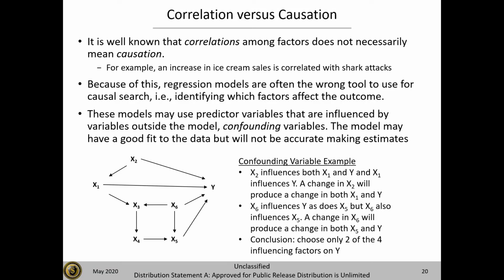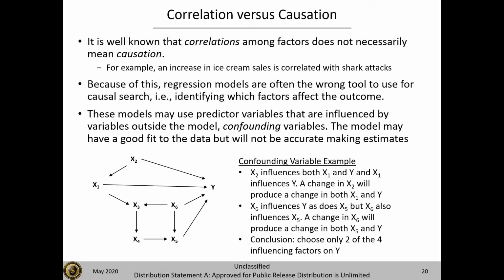And so with the causal analysis, we're trying to look for those factors that have causation. And in the example on the bottom of the screen, if I just look at the top part of the diagram, factor X1 has a causative relationship with y.